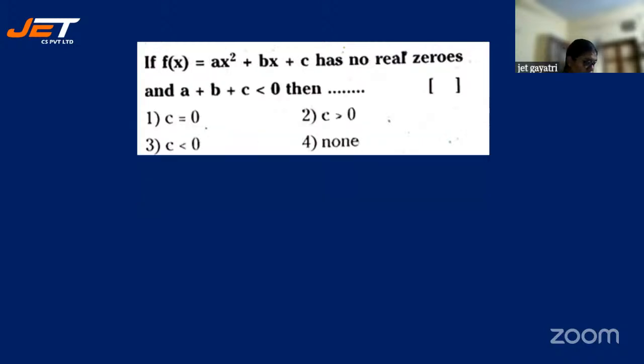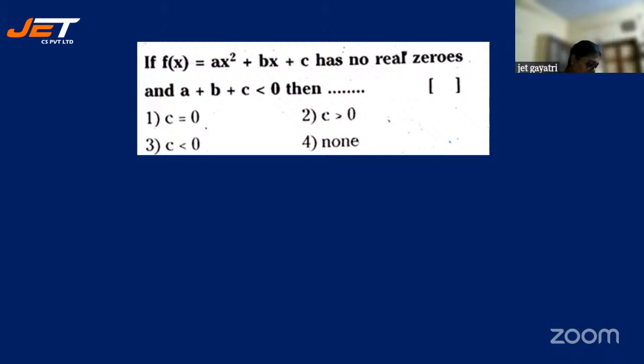Alright students, so hope you have understood this. We are moving on to the next question. If f of x is ax square plus bx plus c has no real zeros and a plus b plus c is less than 0, then what is the condition? Is c equal to 0, c greater than 0, c less than 0, or none?